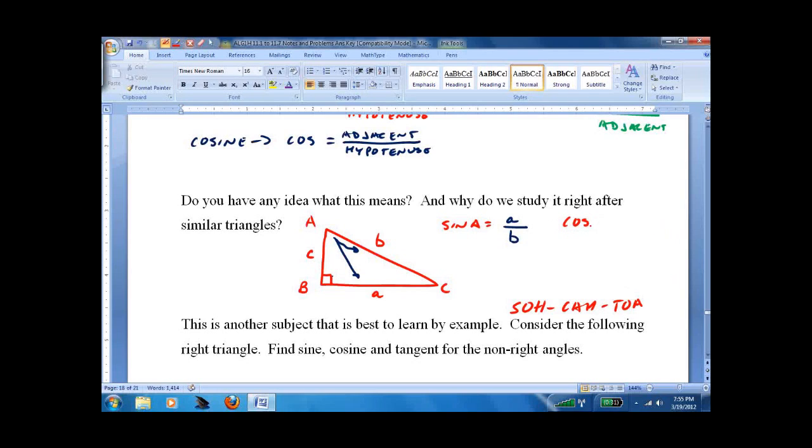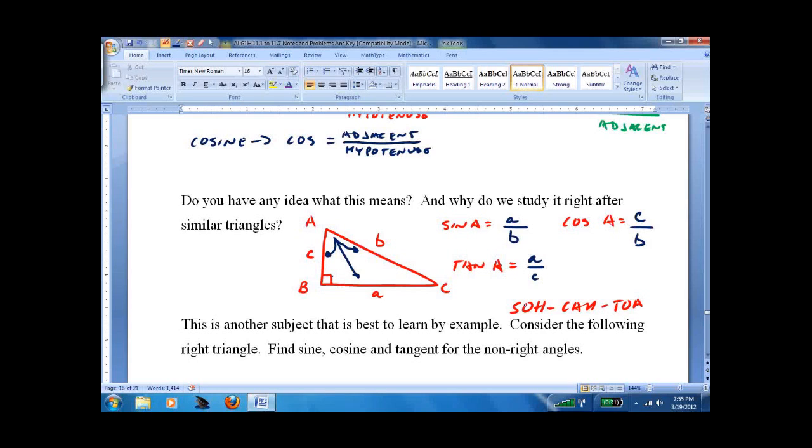Cosine of A is equal to adjacent C over hypotenuse. And tangent of A is opposite A over adjacent C.